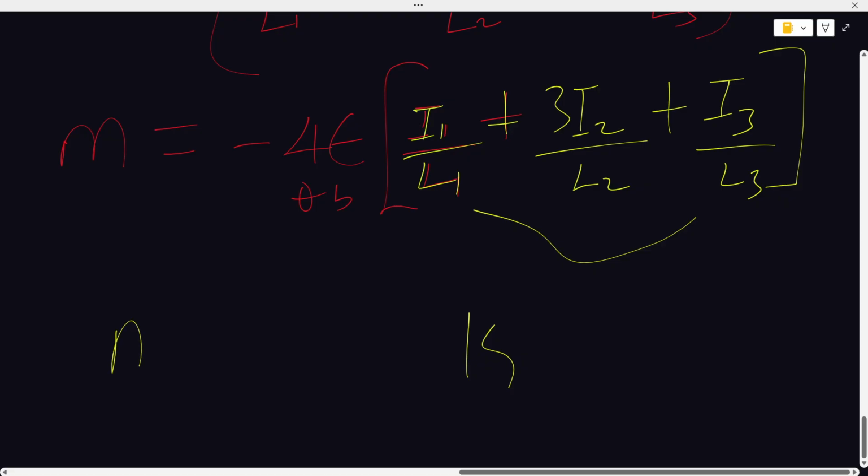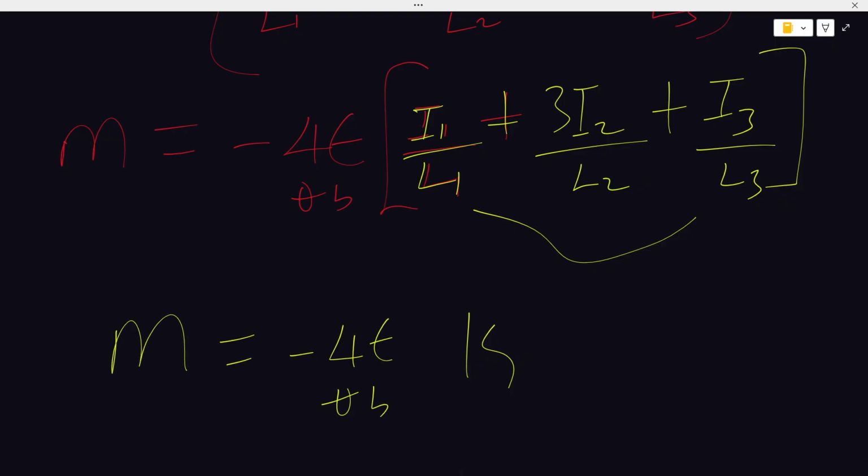So M is equal to minus 4E theta B times the sum of all the K's. You get the sum of all the stiffness.